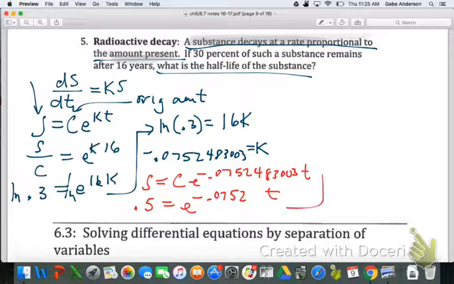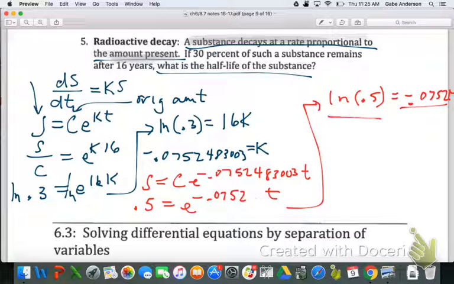So how do we get the t out of the exponent? Yep, ln of 0.5 equals negative 0.0752 whatever t. Then all you do is divide both sides by that negative 0.0752. What do you come up with? 9.21147.